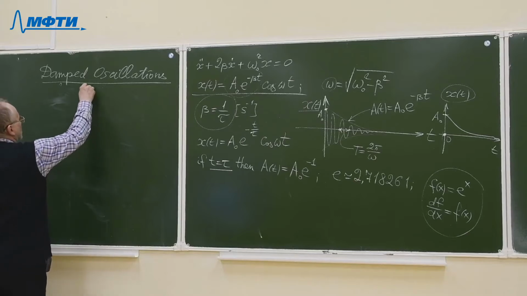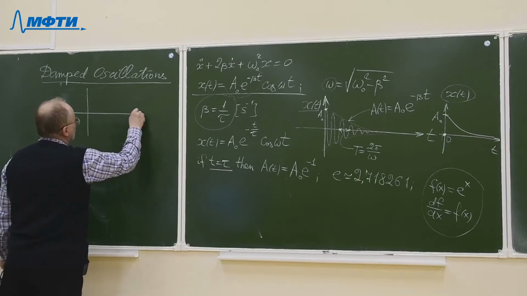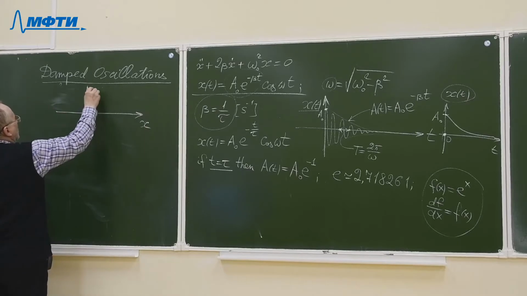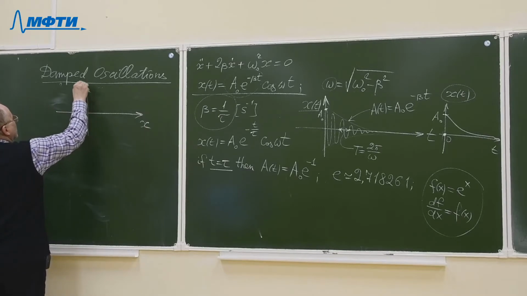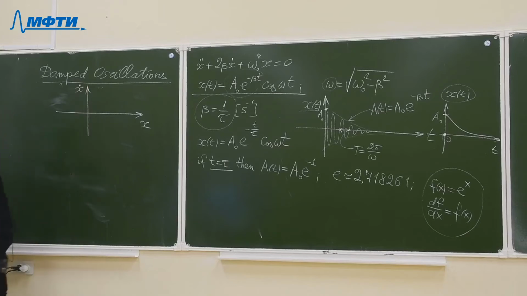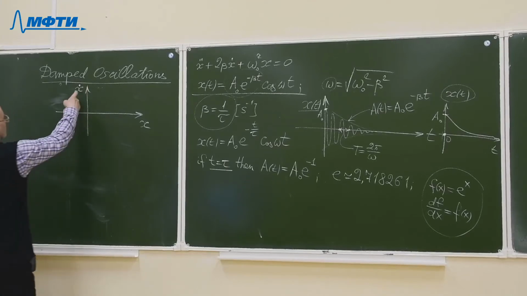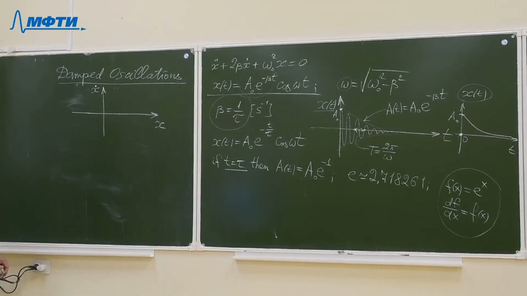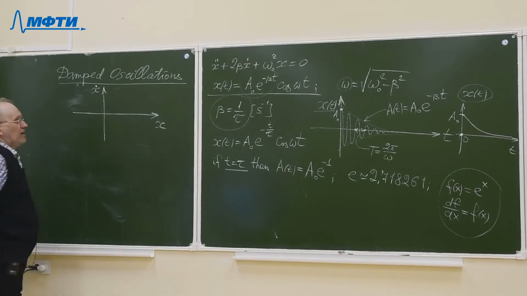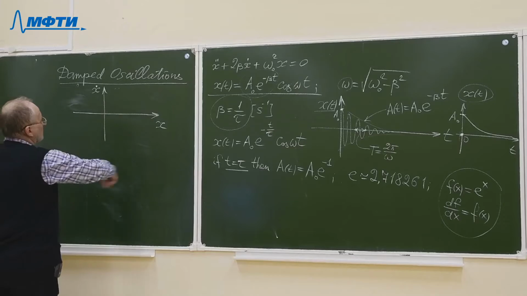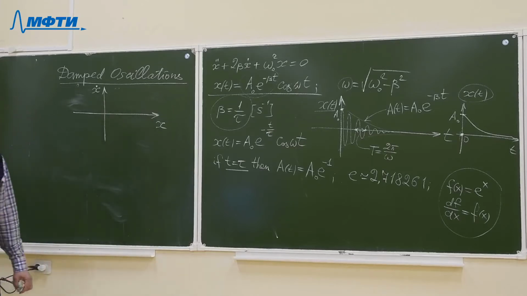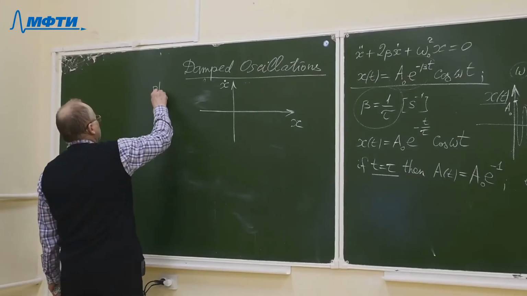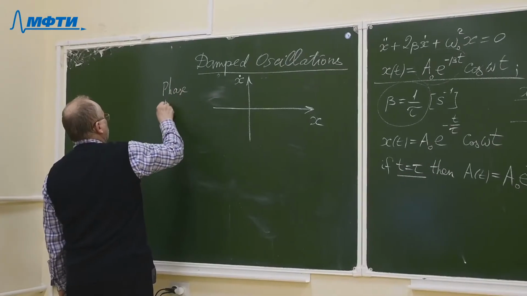And this different way consists in drawing a picture of the velocity of the oscillating body, x dot, as a function of x, as a function of its coordinate. Such a graph in such axes is called a phase portrait.